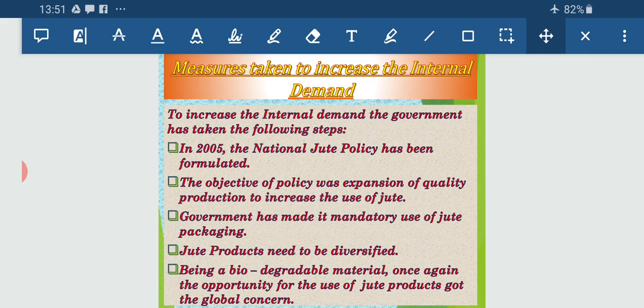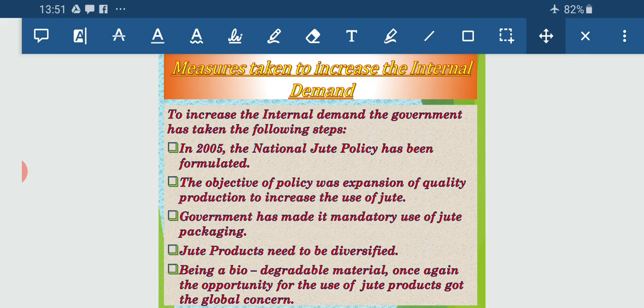Now, one more very important benefit of jute goods is over the synthetic substitutes, because synthetic substitutes are non-biodegradable products, and jute is a biodegradable product. So, if we are using jute products and they get destroyed over the land surface, it is not damaging the environment.